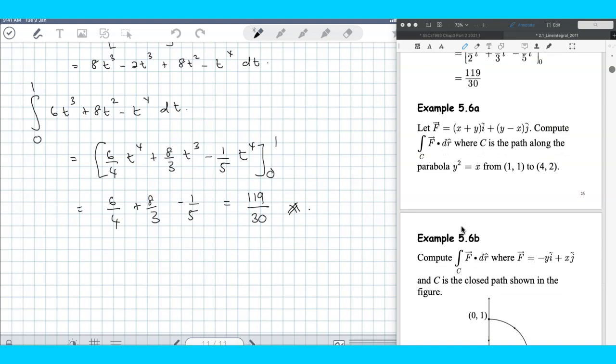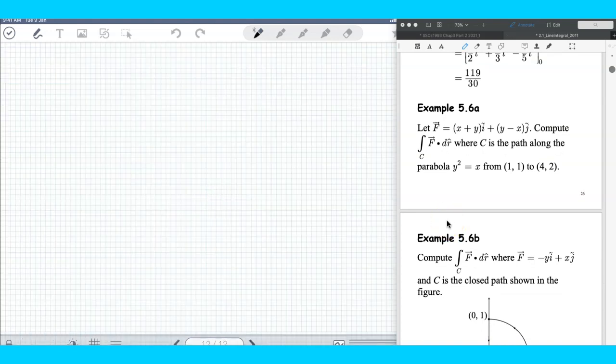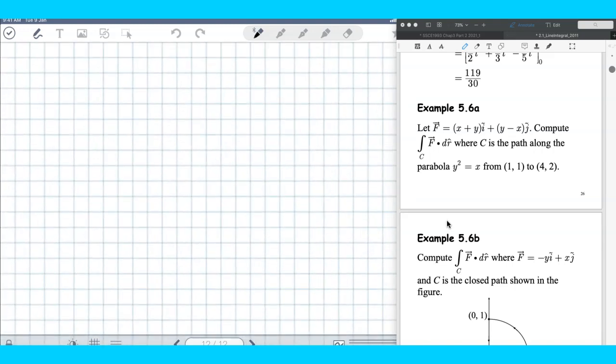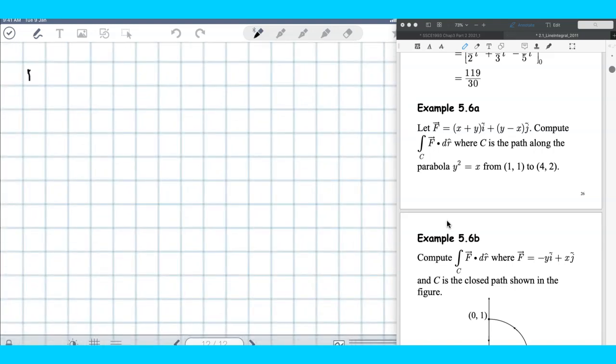So now we look at the next example. So example 2. So now let's look at the example.